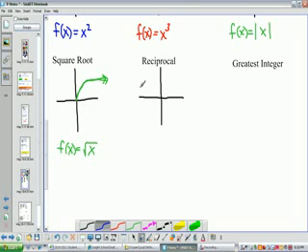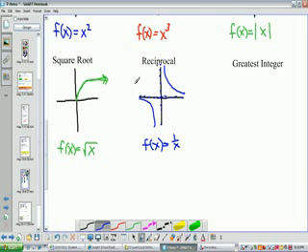The reciprocal function has asymptotes, and I'm not sure your book draws these in. There should be dashes, I'm just going to make them dashed as much as possible. It looks like that and that. The domain is all reals except for 0. Same with the range, all reals except for 0. Both of those have asymptotes.